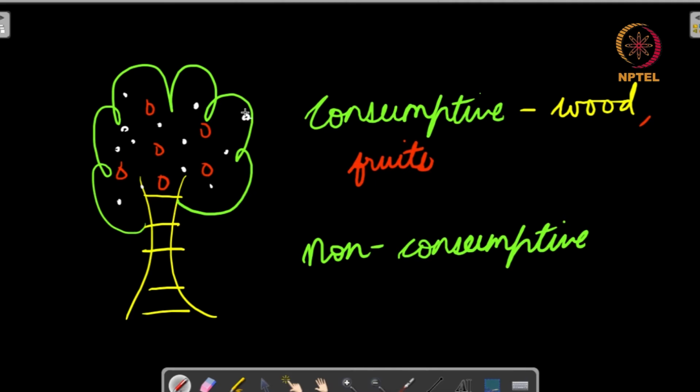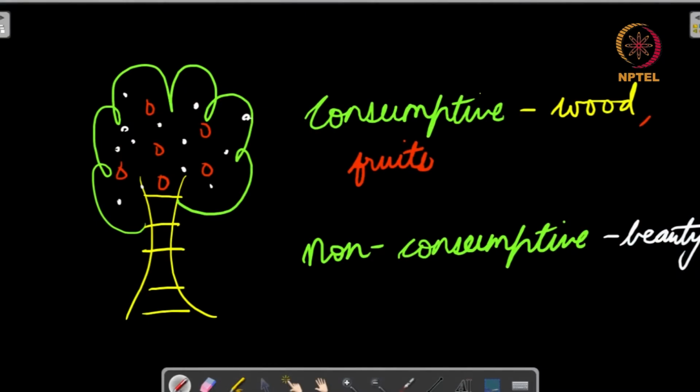So for example, this is a tree that is right next to a highway, and when this tree blooms, we just observe this tree and we are happy by seeing the beauty of the tree. That would be a non-consumptive usage. Because if you are seeing a beautiful tree, that does not reduce its value for me or for others.